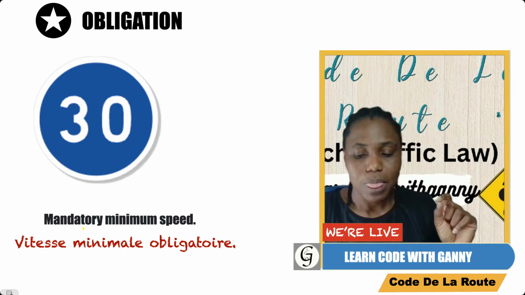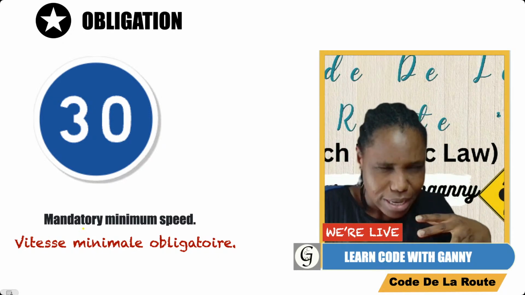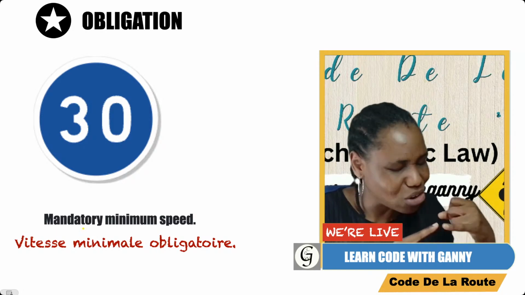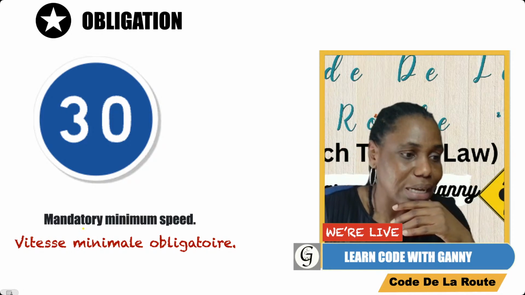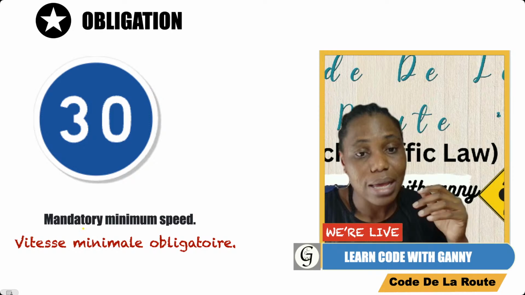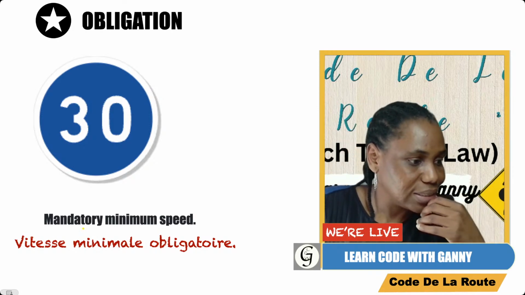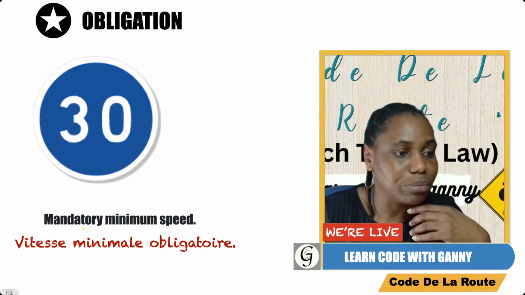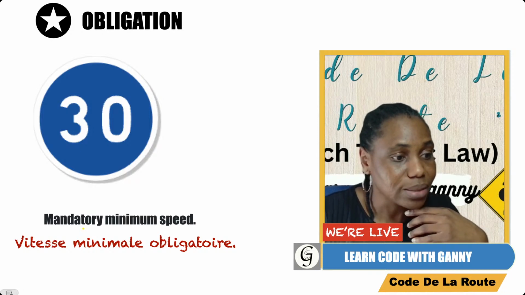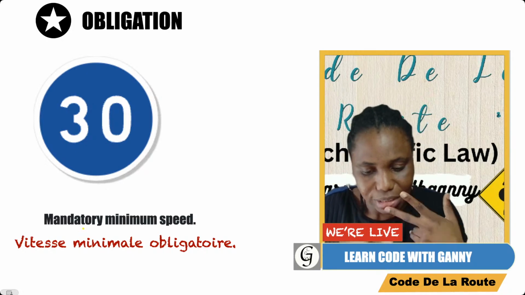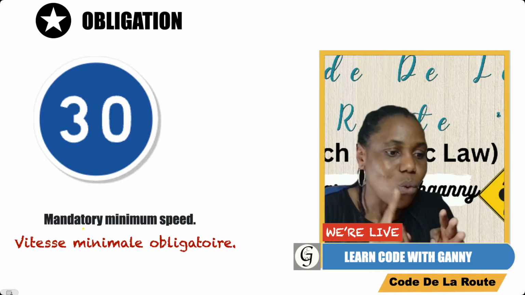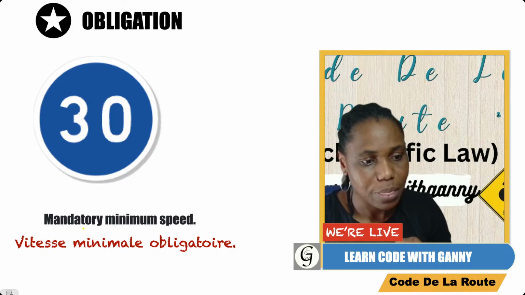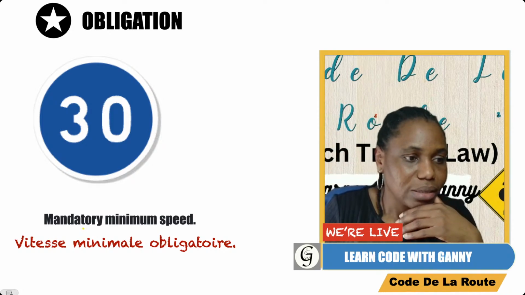Anywhere you see that blue, it can be 30, 50, 60, 70, 80, 90, 100, 110 and 130. So don't make the mistake of thinking it's only one of them. It is all of them, it can be anything. Do not make that mistake.